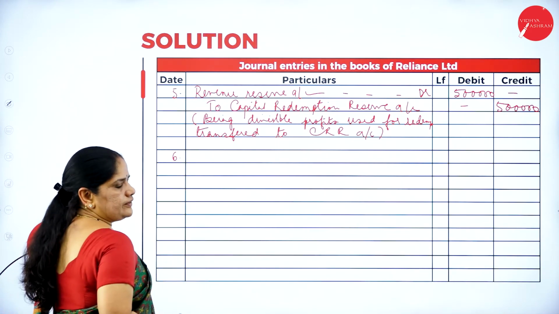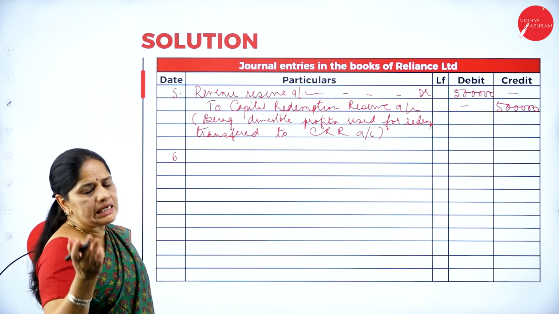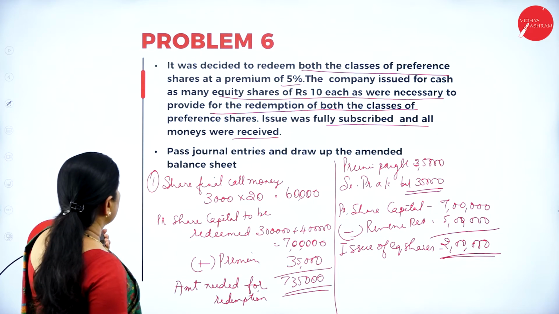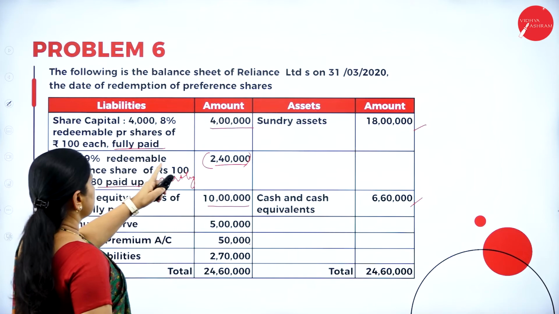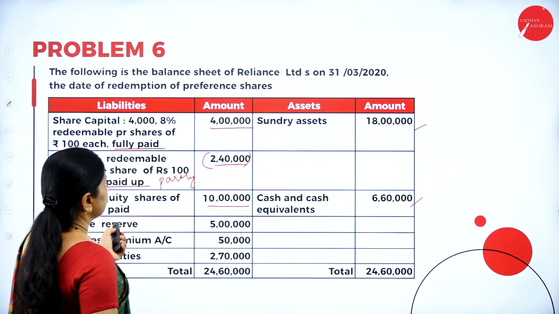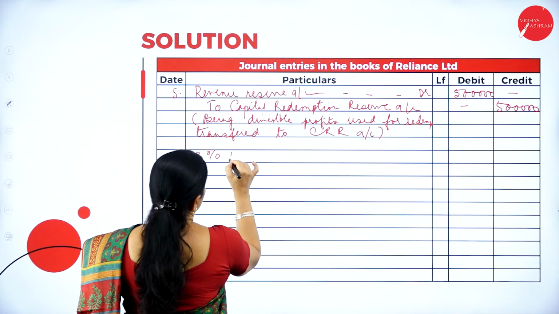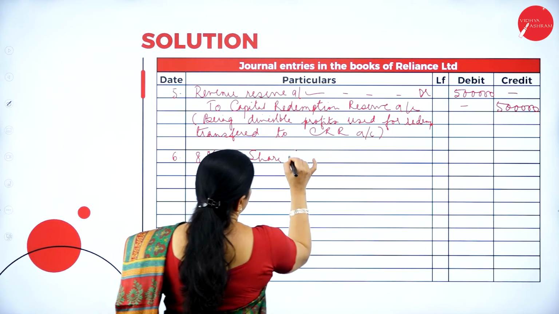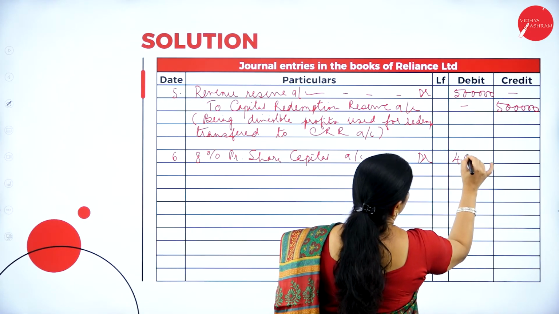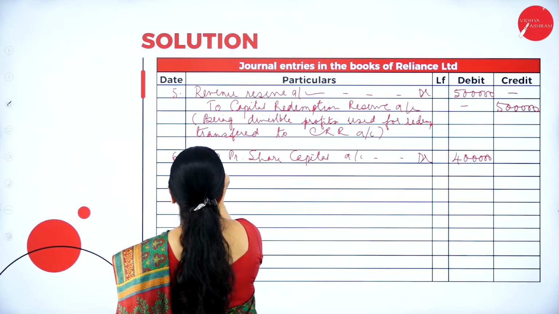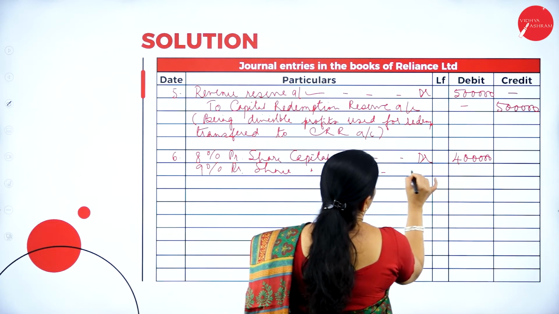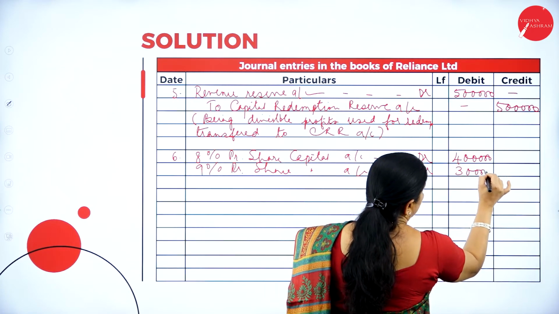Now, the next journal entry will be very easy. So, transfer of capital and transfer of premium to shareholders account. So we will just see what are the capital we have. 8% preference share capital 4 lakhs, 9% preference share capital 3 lakhs. Then I write 8% preference share capital account debtor 4 lakhs, 9% preference share capital account debtor 3 lakhs.